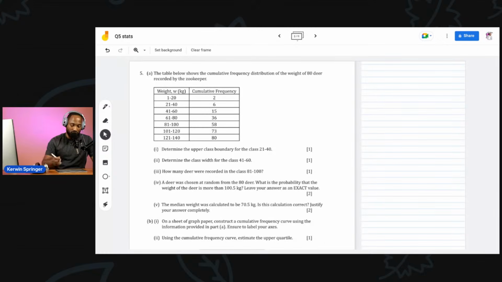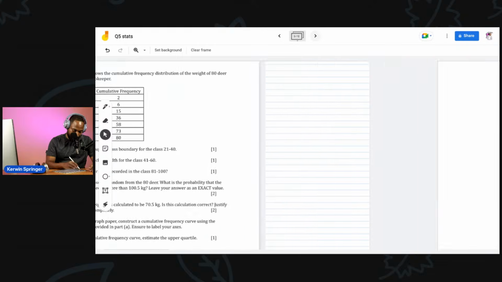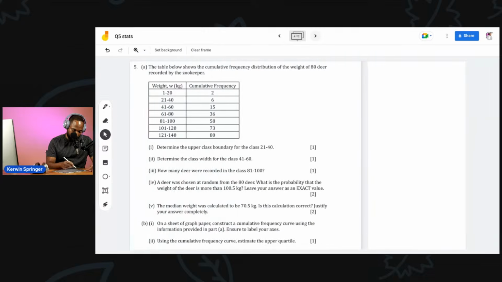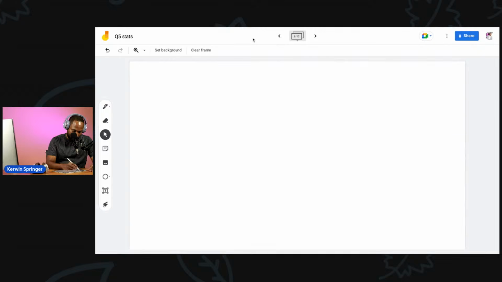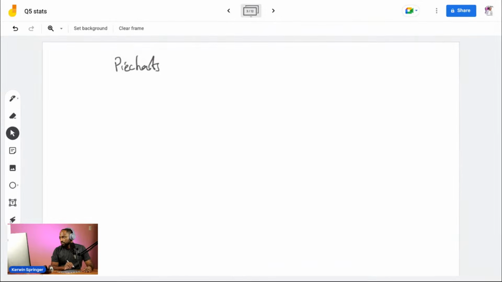But what can also be tested? Let me see if I can get a blank page 3. What can also be tested is different graphs. Of course there are the pie charts, which have been popular these last few exams.